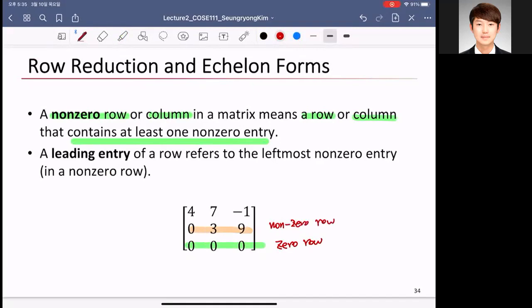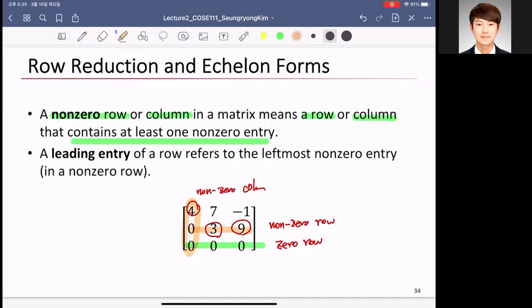Why? Because there is a non-zero term, right? This, or non-zero entry, or non-zero term. Or this column, first column 4, 0, 0, it's not a zero column. It's going to be a non-zero column because of 4, right?